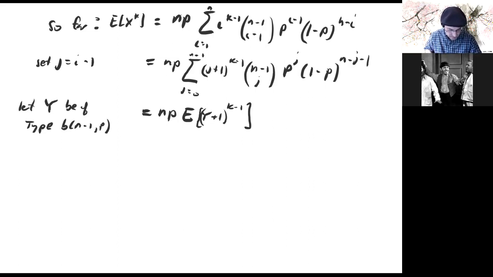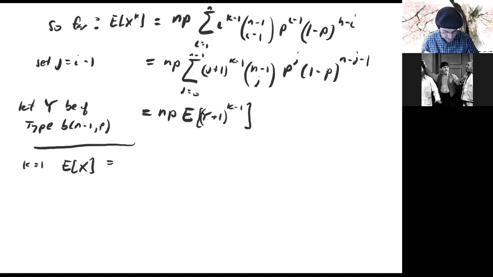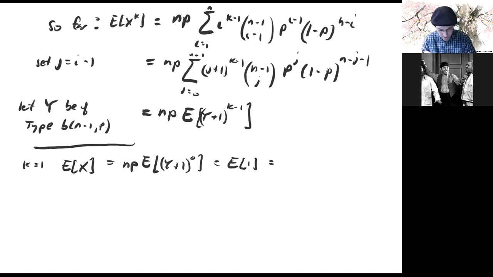So we take k equals 1, we get the expected value of x, where x is a random variable of type binomial n comma p, is np times the expected value of (y plus 1) to the 0th power, but that's the expected value of the constant 1, and that's going to be 1, so times np, so it's np. So we get that the expected value of the binomial random variable is n times p.